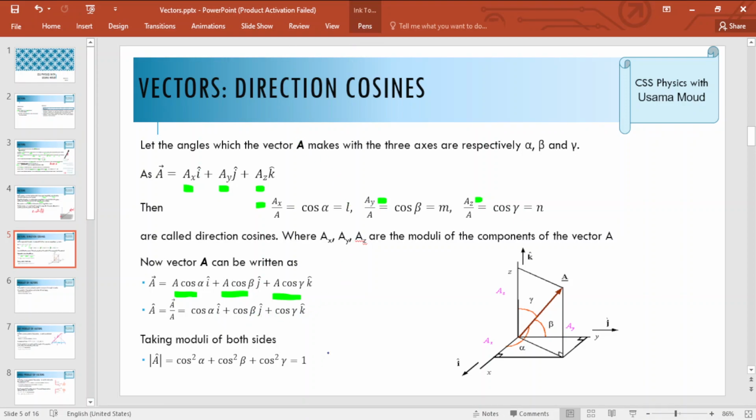Or we can also write it in this form: cos alpha, cos beta, and cos gamma. If we take the modulus on both sides, the modulus of the unit vector is 1, so cos squared alpha plus cos squared beta plus cos squared gamma is also equal to 1.